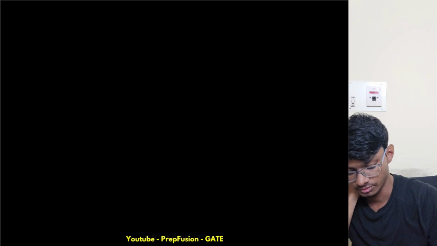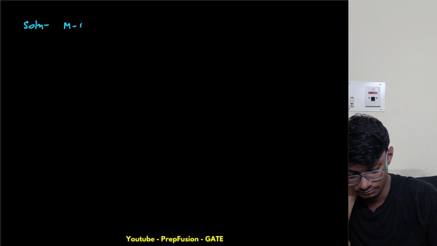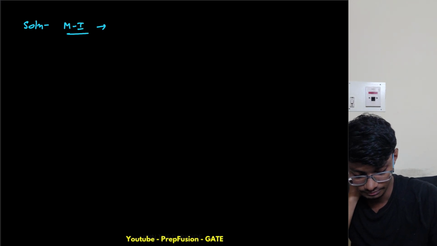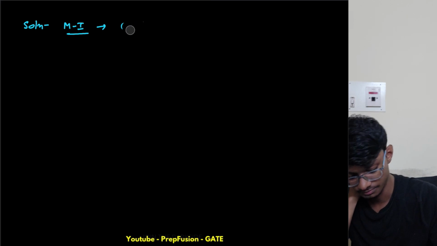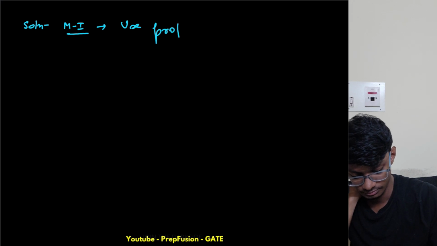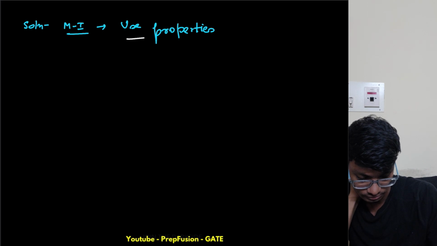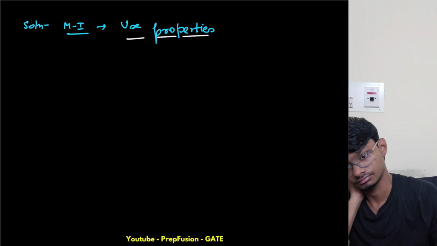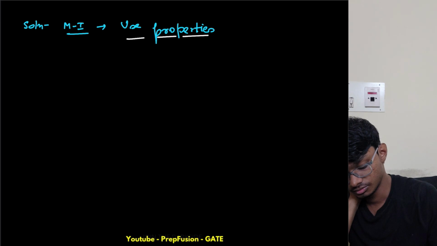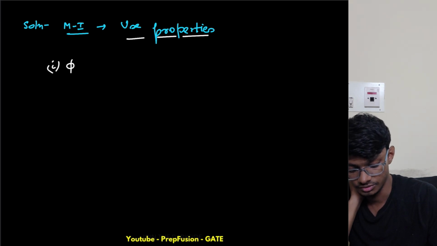Okay, first I will write this method 1: option checking, basically you use properties. The first property, phi of 0 equals I only, so that was of no use.